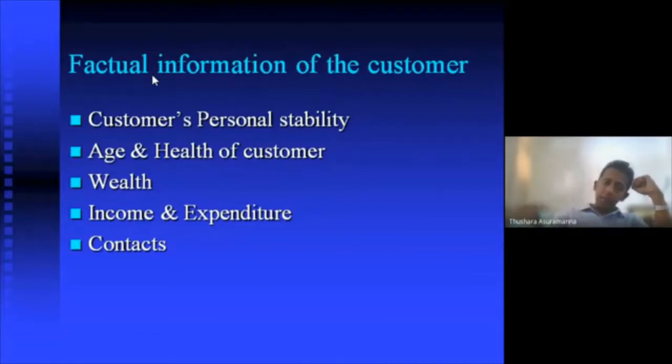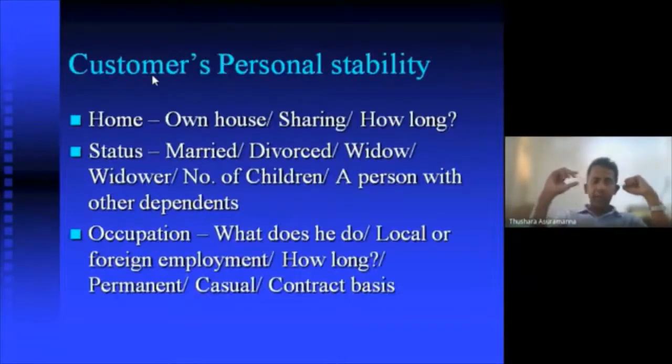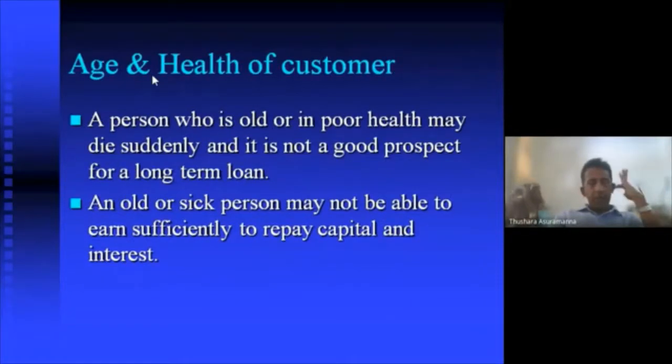So I have given under each category the areas that we need to look into: stability, home, status, occupation. Then age and health is so important, right?